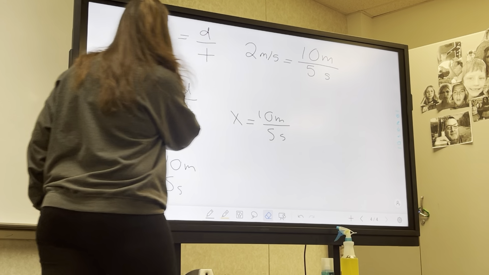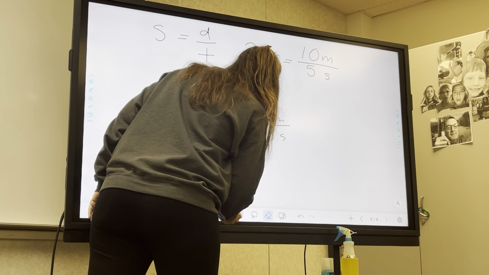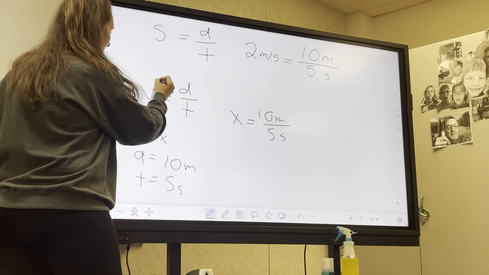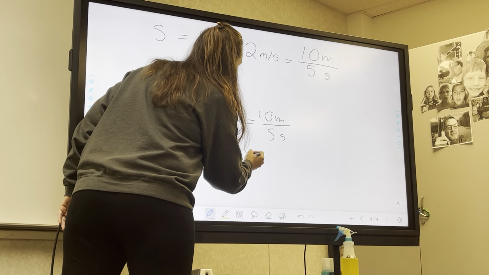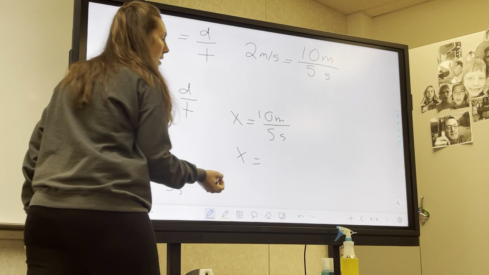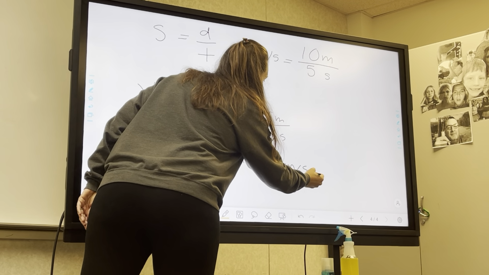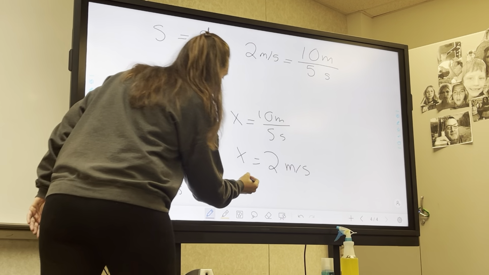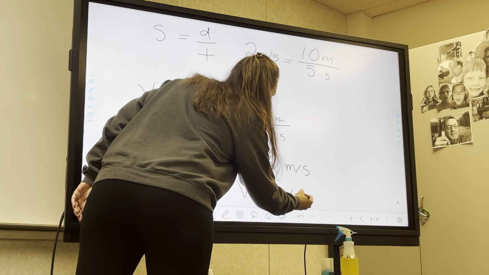I'm going back to IPC. Okay, so we have v, x, or v. So ready? So we have x equals, what is 10 divided by 5? 2 meters per second. But because we're solving for velocity, or speed, v equals 2 meters per second.